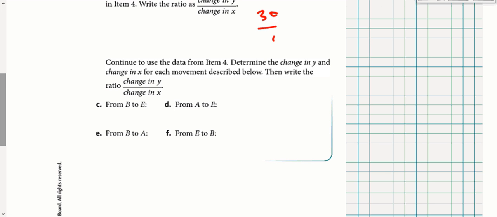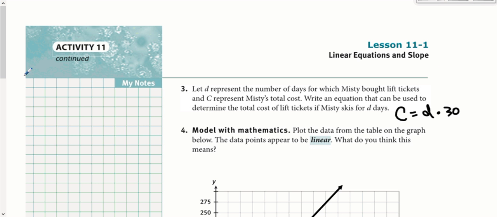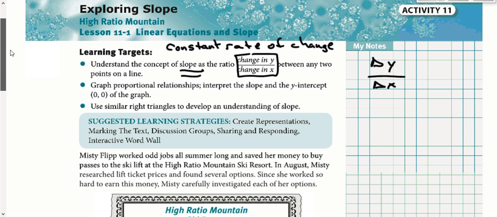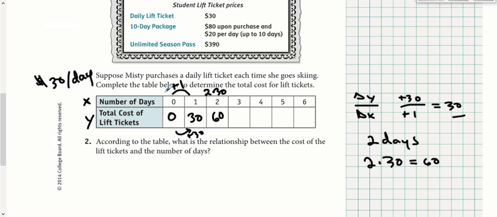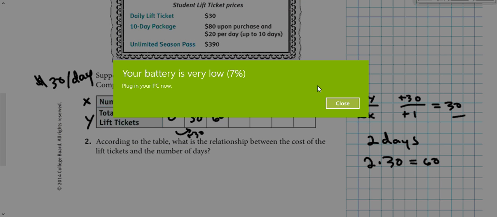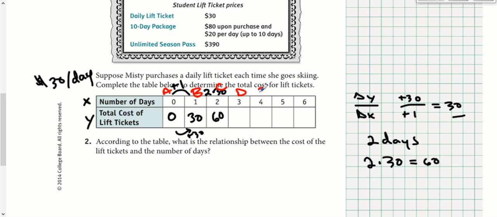Let's think about B to E. If we go back to our table and say this is A, this is B, this is C, this is D, E, F, and G. If we label those, then we can identify point B would be 1 in 30. Point E would be 4, and 4 times 30 is 120, correct?